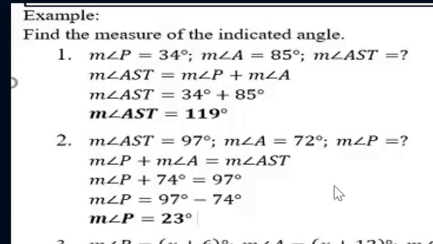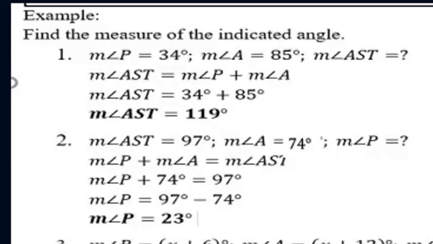Therefore, the measure of AST is equal to 119 degrees. Now, let us have another example, number 2. The measure of angle AST, the exterior angle, is 97 degrees. The measure of angle A is equal to 74 degrees, and the measure of angle P is unknown. Here, the other remote interior angle is unknown.